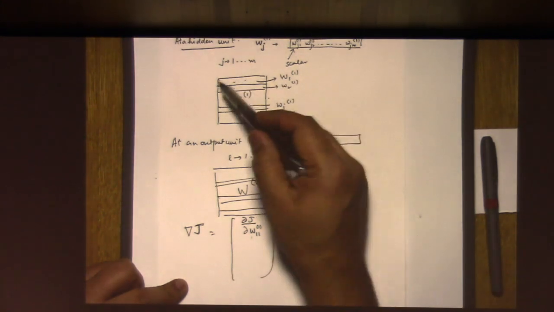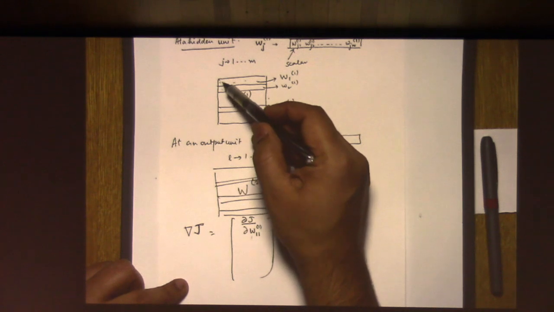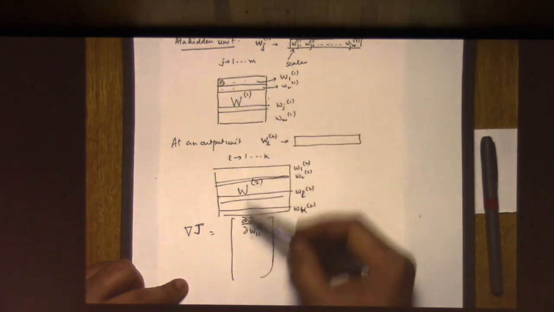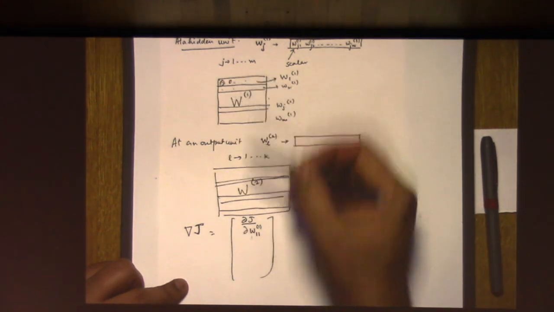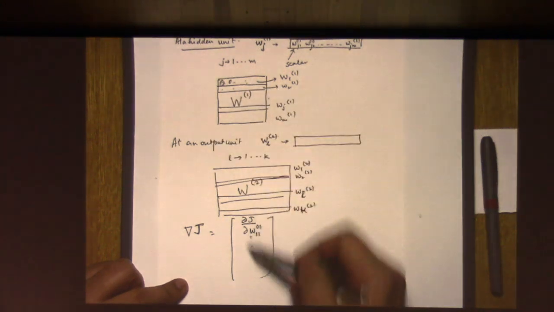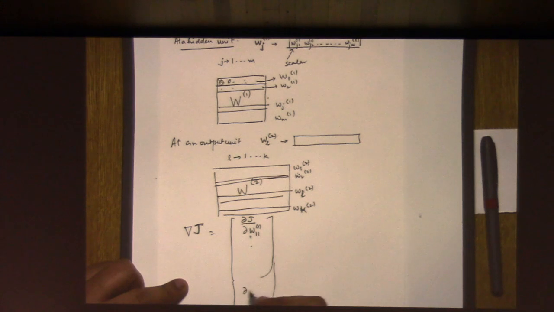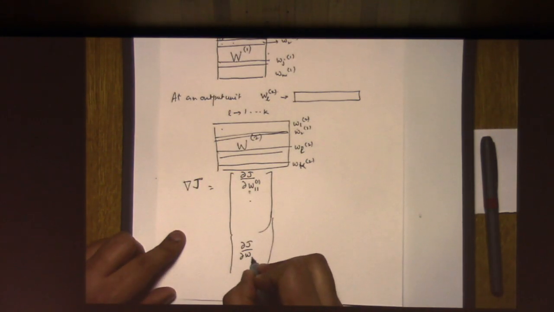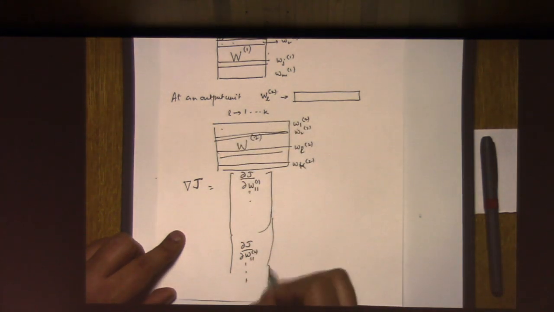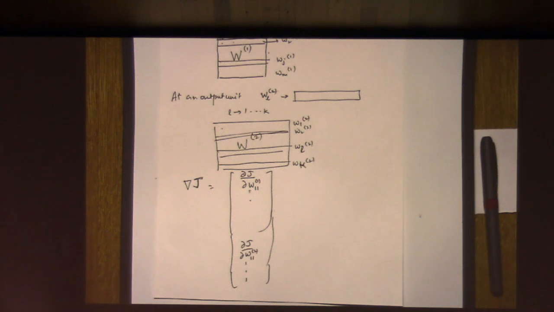So basically, I start from here, let's say, right? So derivative of J with respect to this entry, derivative of J with respect to this entry, and then we keep going on, and then at some point you would do all of the first ones, and then you start with the second matrix, say derivative of J with respect to the first entry in the second matrix, and so on, right? So this is what we need to compute.